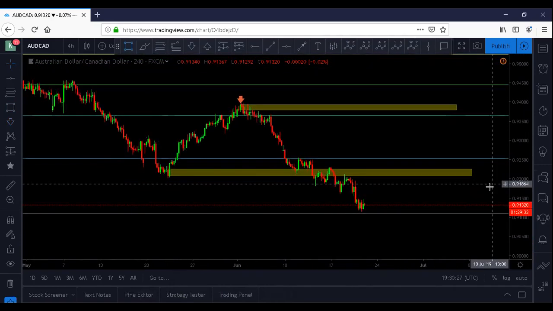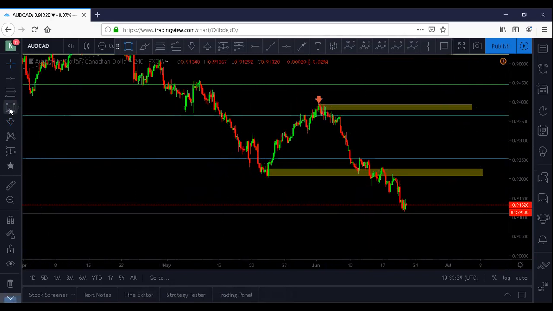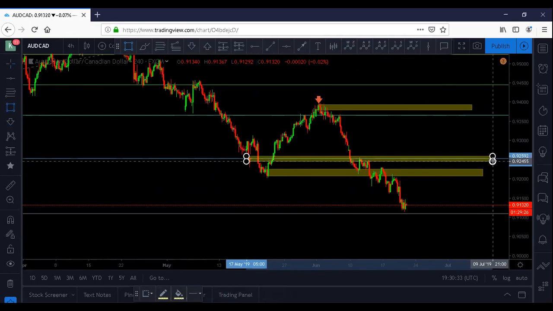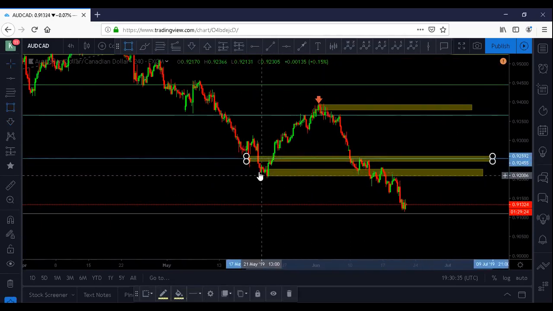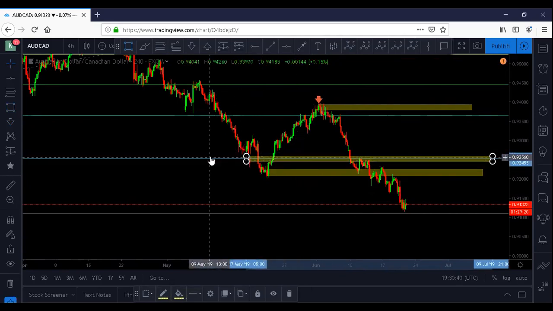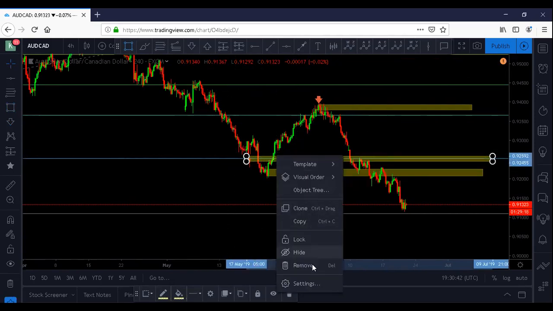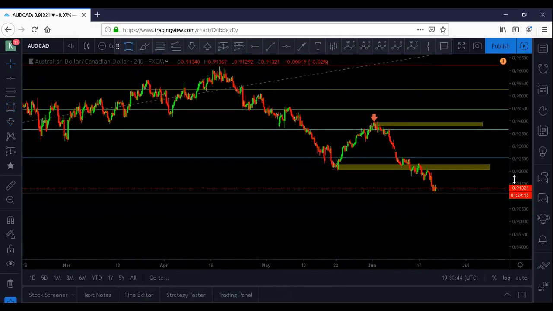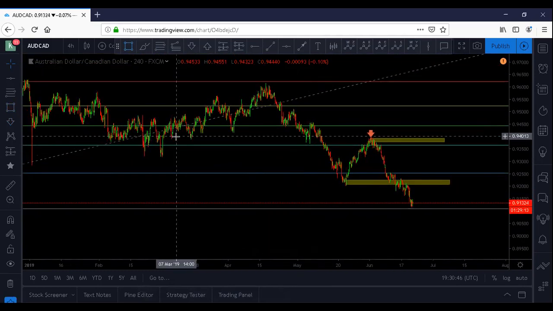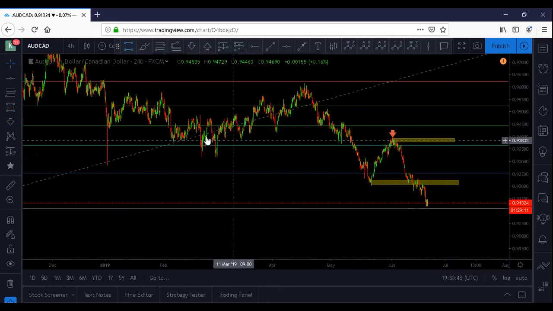Yes. Even though I know my Fibonacci is telling me the line is going there, I'll still use my order block because it's fairly close to the zone. True. So this is just a guide to show you which areas you should focus on.